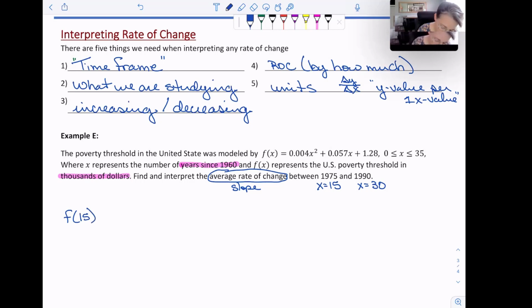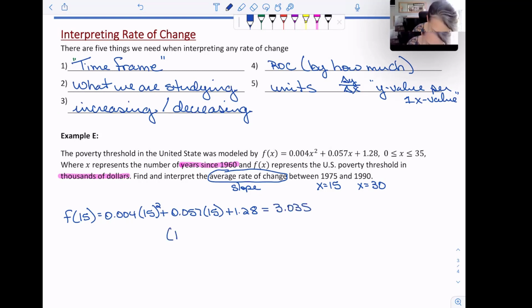f of 15. So plugging in 15 everywhere that's an x, that gives us a y value of 3.035. So we have the point (15, 3.035). And now we have to find our next y value for the year 1990.